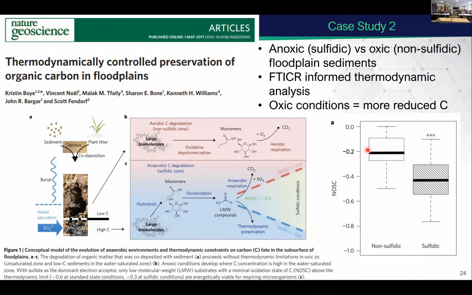And so what they observed here was that when you had oxic conditions, you had more reduced carbon, which I always get my head spun around on this, but essentially they could use NOSC, which is one of these properties we've already mentioned, and they could see statistically significant differences in the nature of carbon between these 2 environments.